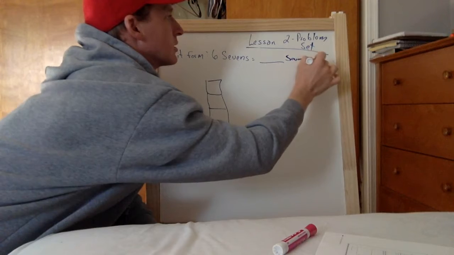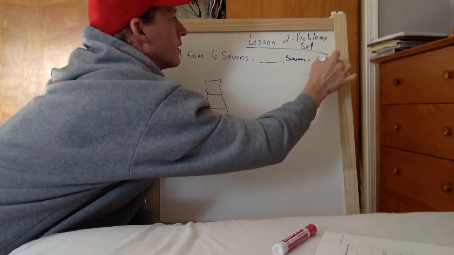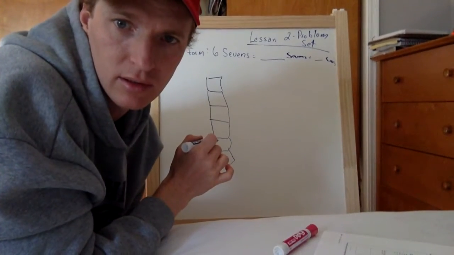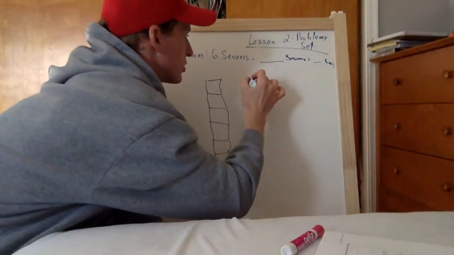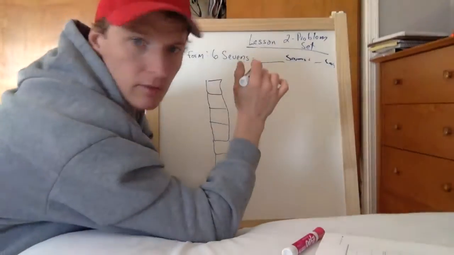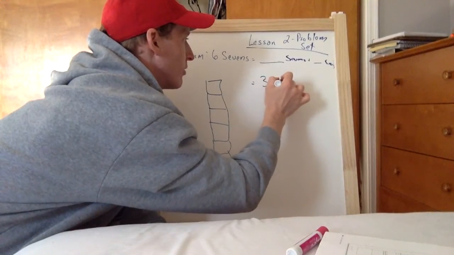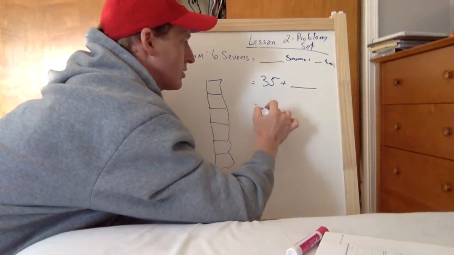Sevens plus blank sevens, which equals 35 plus blank, which equals blank.